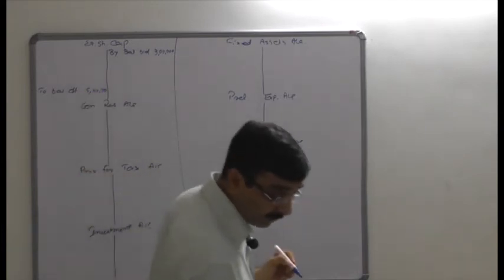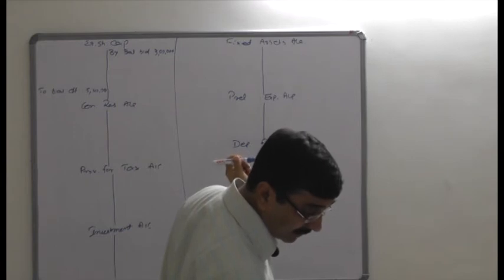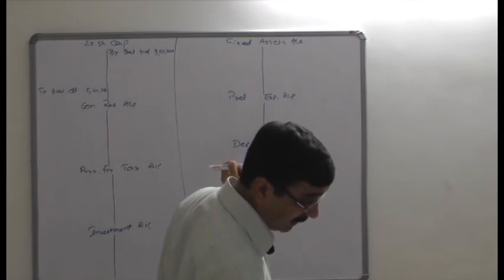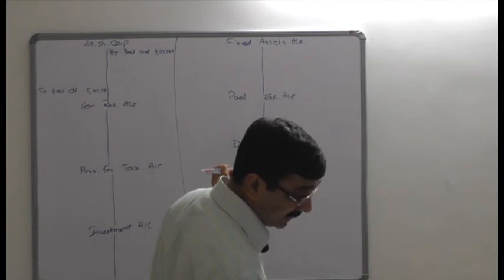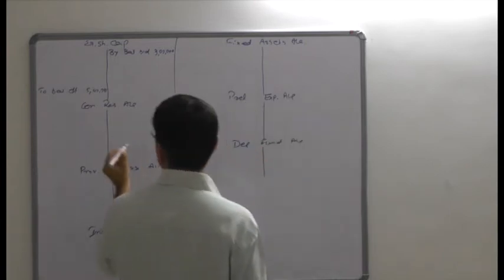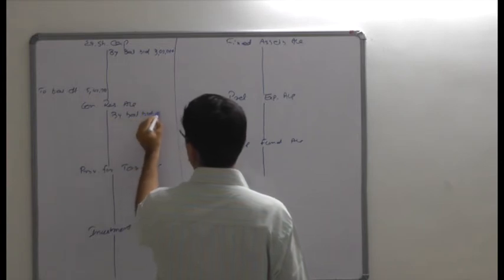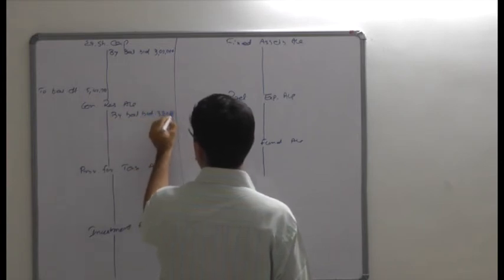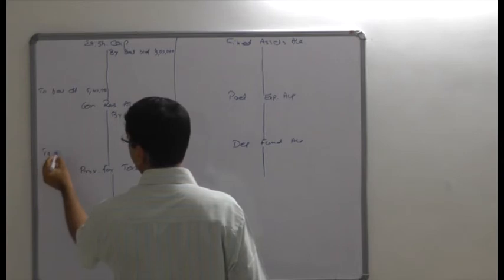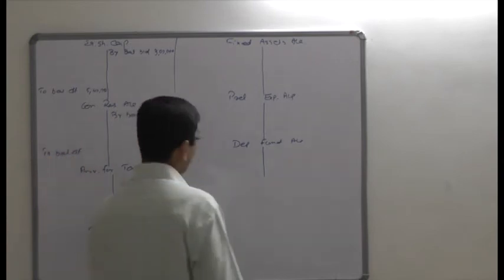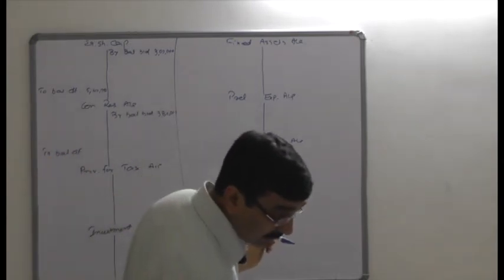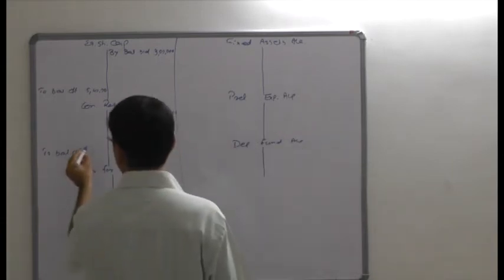Moving to the next item, we have another account, general reserve, that is also a credit balance. So start with the credit side, opening balance 3,80,000, and the closing balance, see the balance sheet, the current year balance is the closing balance, that is 2,40,000.